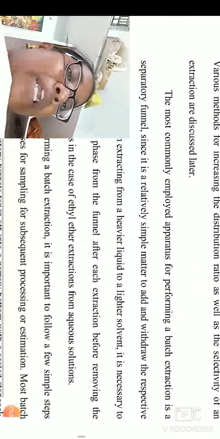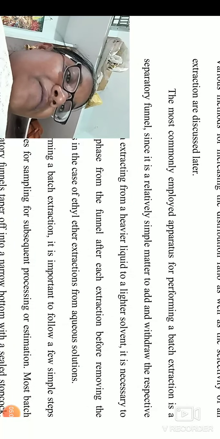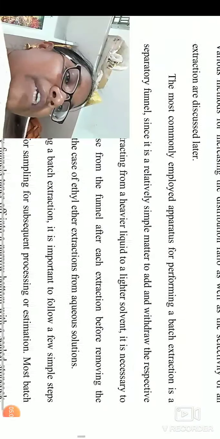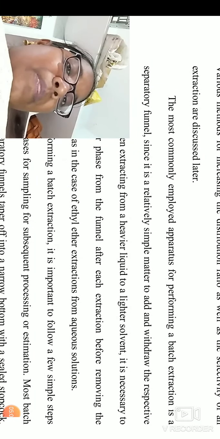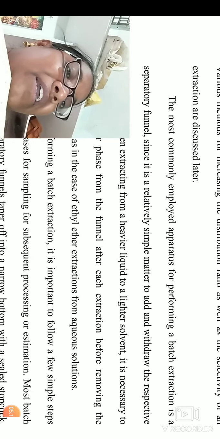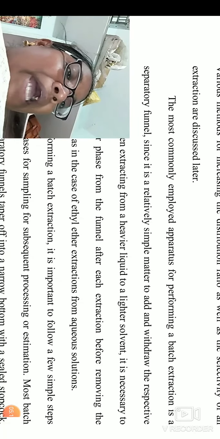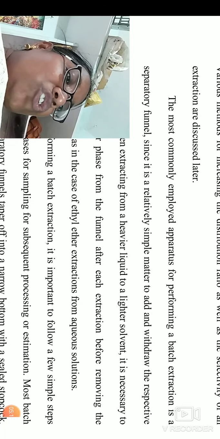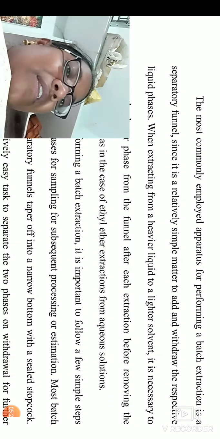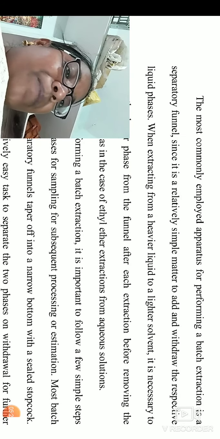The most commonly employed apparatus for performing a batch extraction is a separatory funnel.